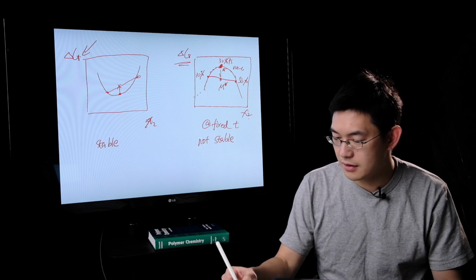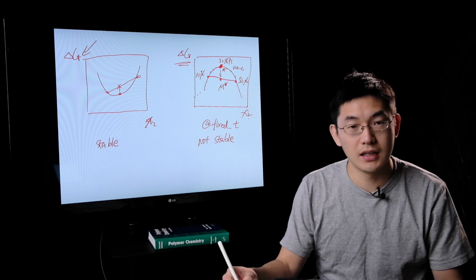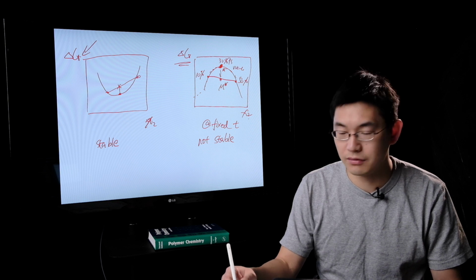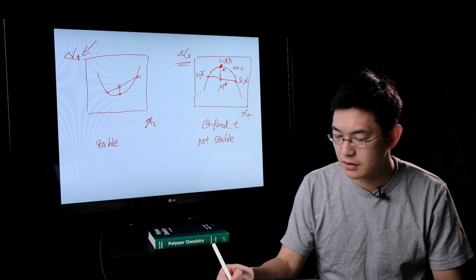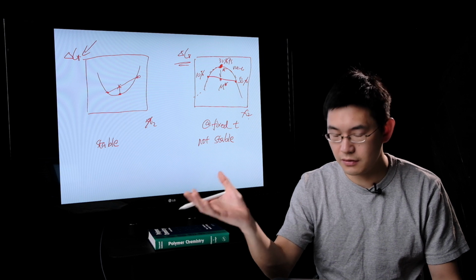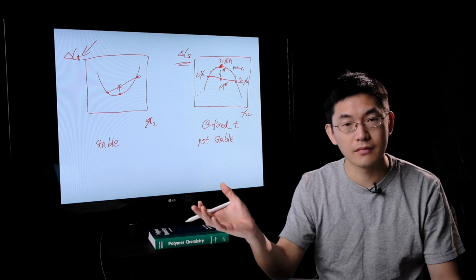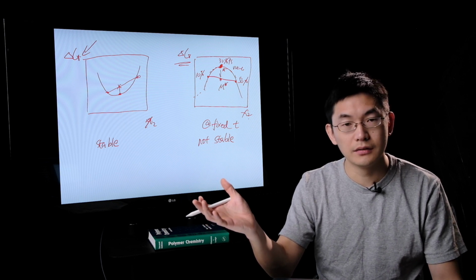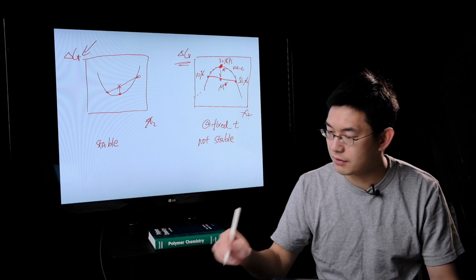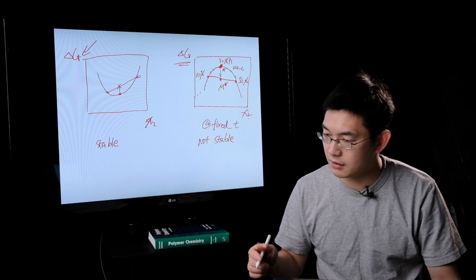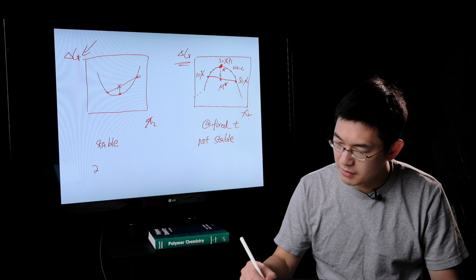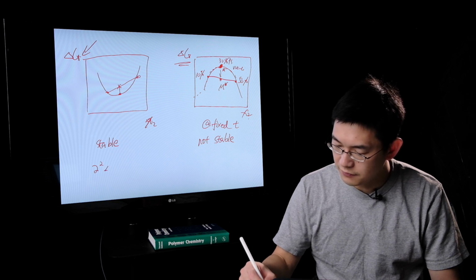One common stable state is when your curve is always concave upwards when you look at delta G. If it starts to behave concave down, then it becomes unstable. So mathematically, we can define it using delta G.